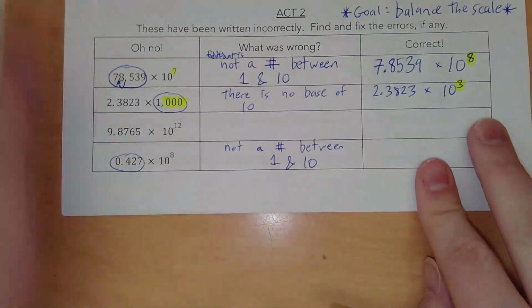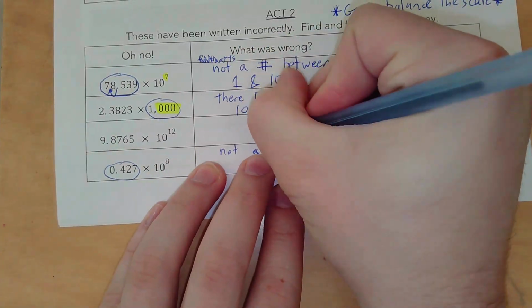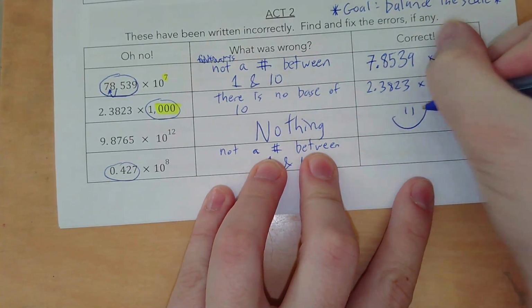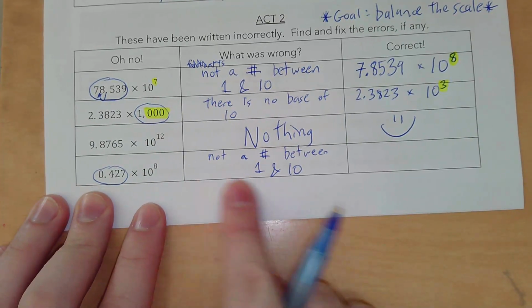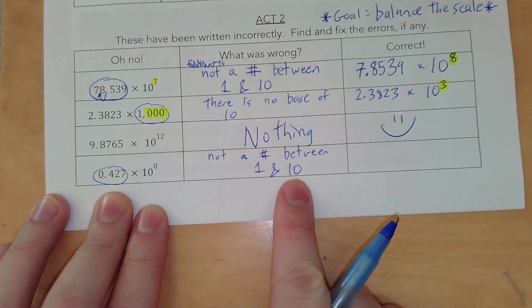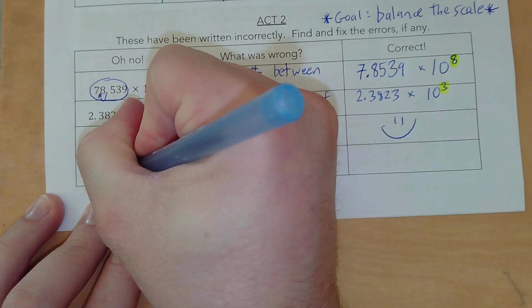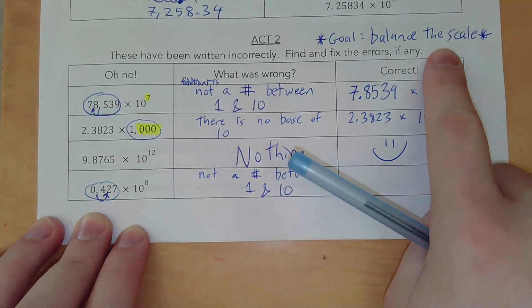All right, let's go to the next one here. What's wrong with the third one? There is nothing wrong with the third one, so it is already correct. And finally, the last one here. The last one was also not a number between 1 and 10, so since we need to move the decimal to the right, which will make the number bigger, we're going to need to balance the scale.